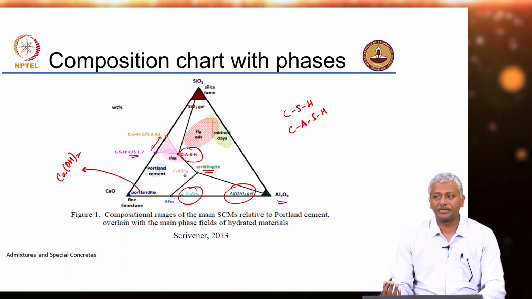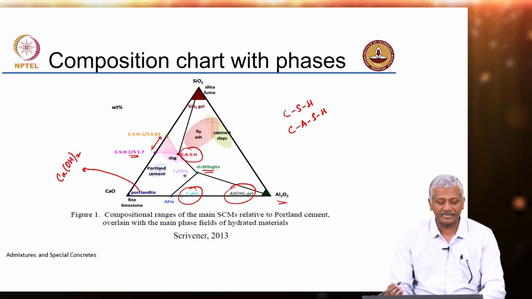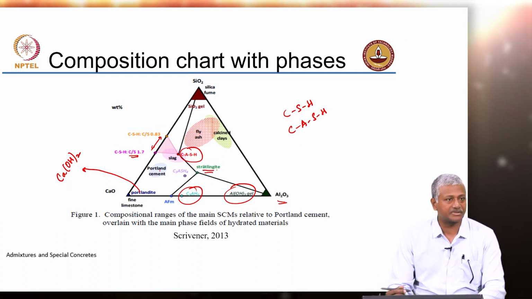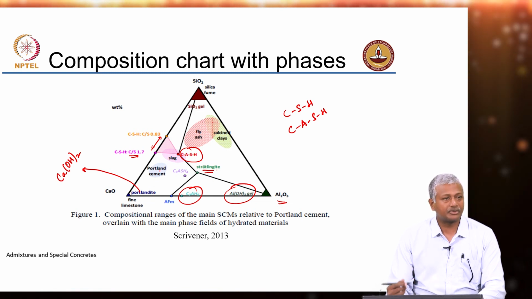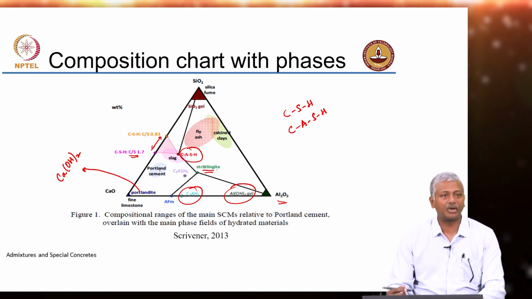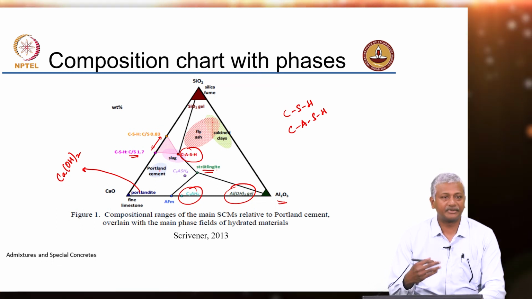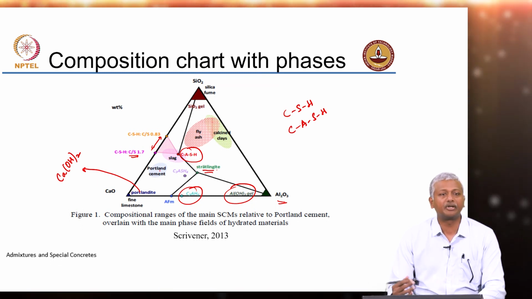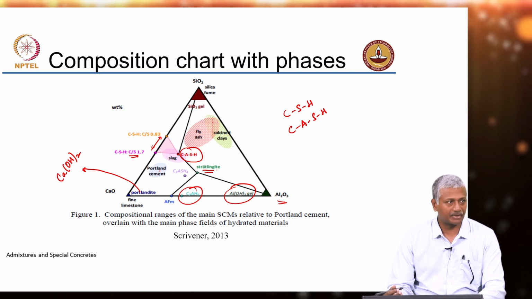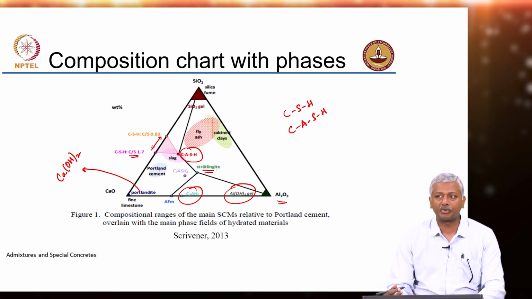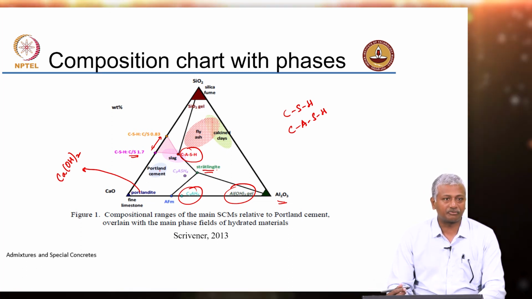Based on their initial chemical composition, the final phases that can come into these systems also vary. When you have an alumina-rich system, instead of just forming CSH, you may form calcium aluminosilicate hydrate or CASH. You may also have other compounds forming depending upon the initial chemistry of your system.